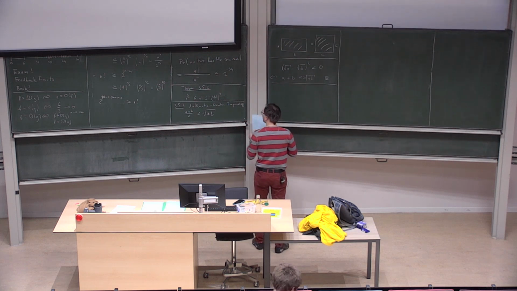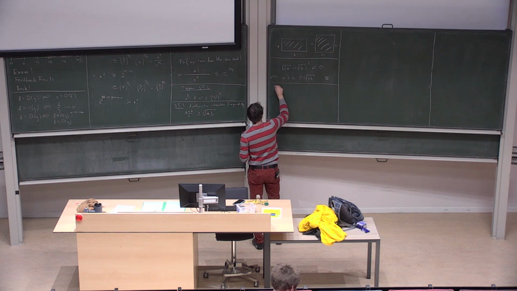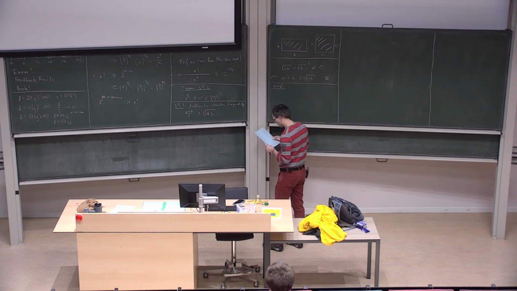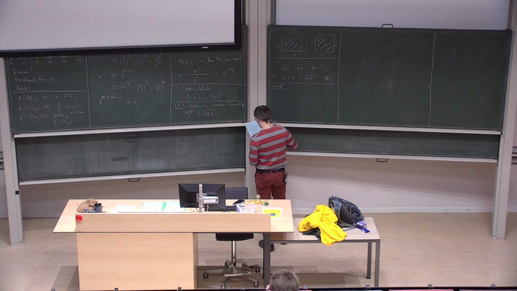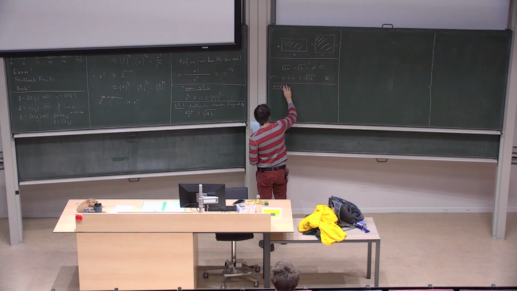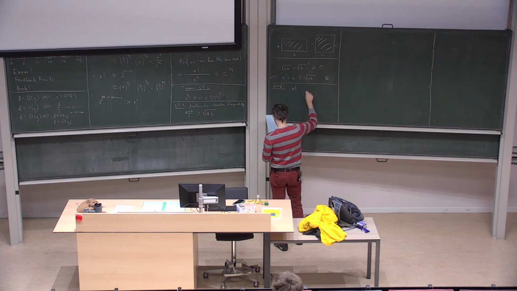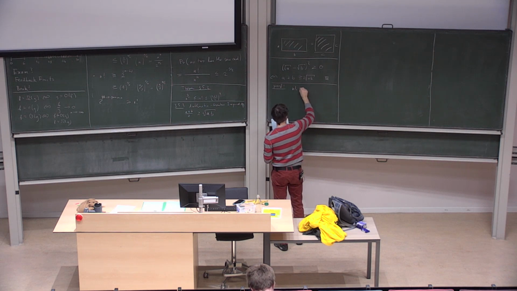Now we prove this theorem. And n factorial is the same as this product, i equals 1 to n.